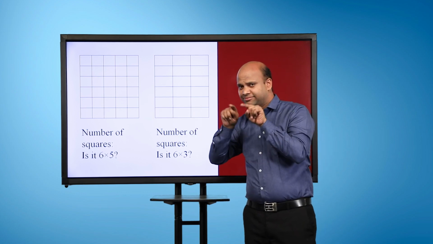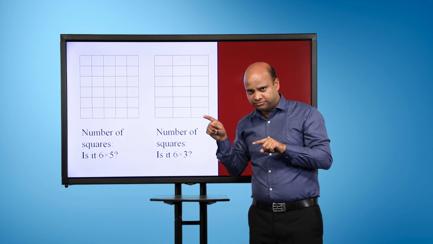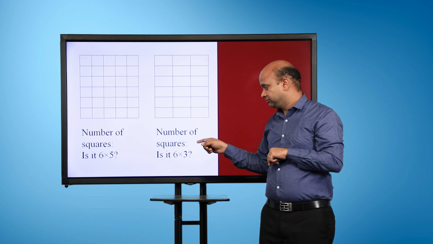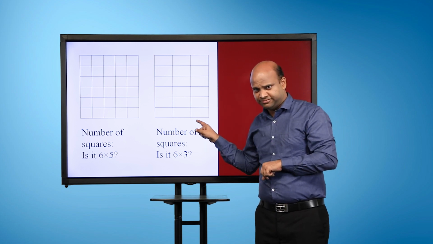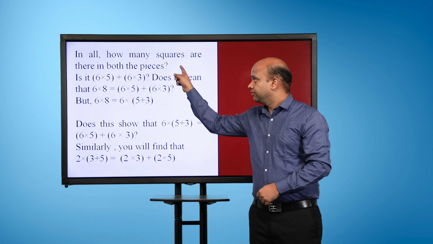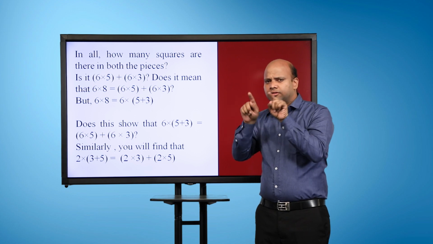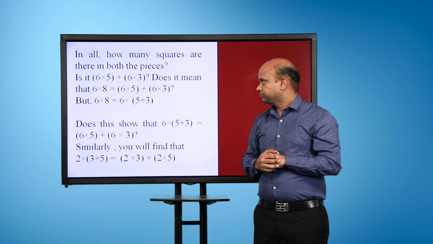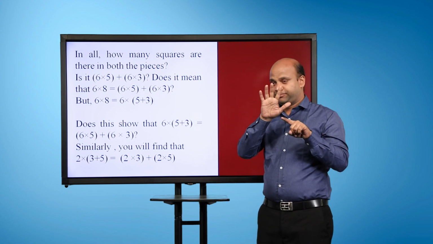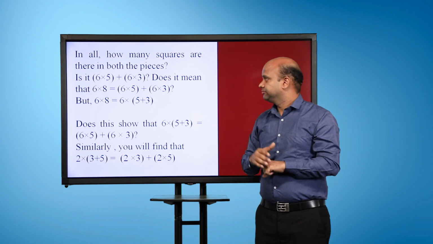Number of squares. Is it 6 multiplied by 5? Number of squares in the second picture. Is it 6 multiplied by 3? In all, how many squares are there in both the pieces? Is it, in brackets, 6 multiplied by 5 plus, in brackets, 6 multiplied by 3?